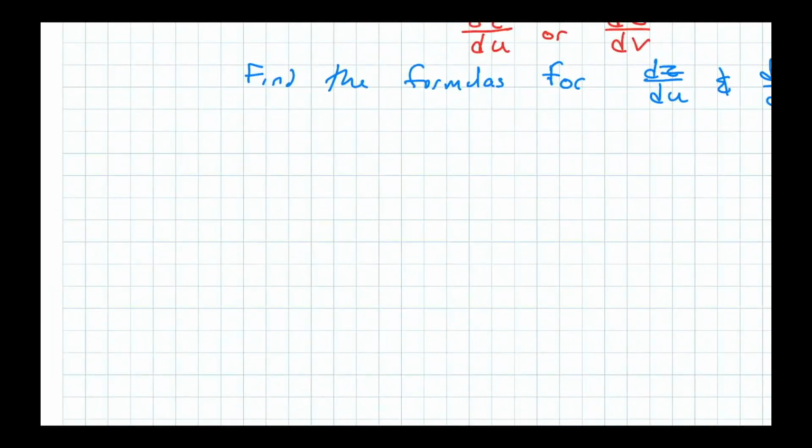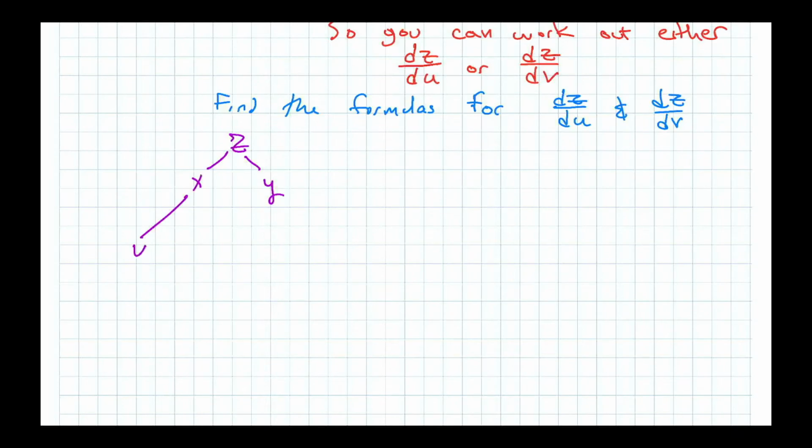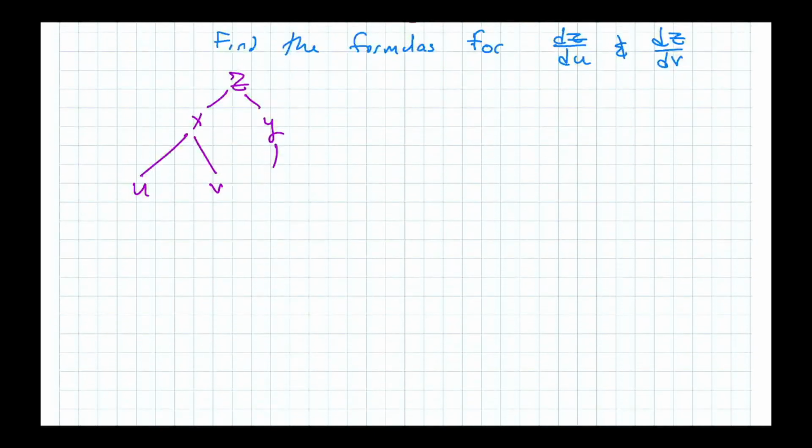Okay, now you would get them both from the same tree though. So you make your tree exactly the way we did it before. So we put z on top and z has x's and y's. So you go z, x, y. But then x has u and v. So there's two of them this time. And also y is a function of u and v. So it has two, u, v.